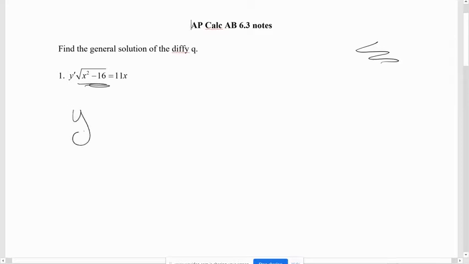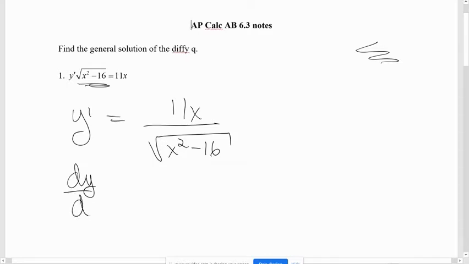So this will become y prime equals 11x over the square root of x squared minus 16. Okay, so that's essentially the same as saying dy dx is equal to 11x over the square root of x squared minus 16.